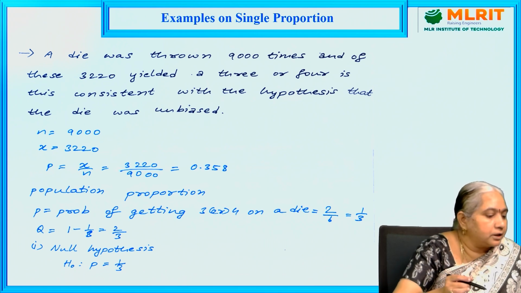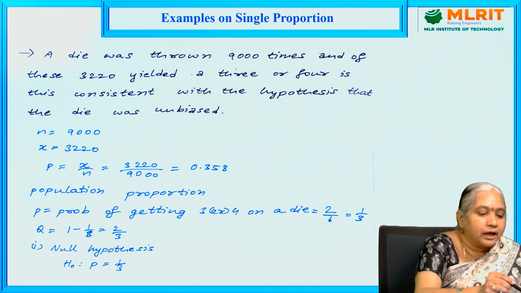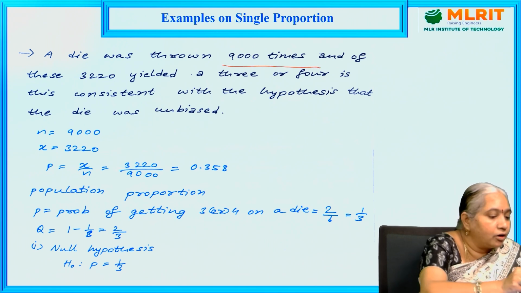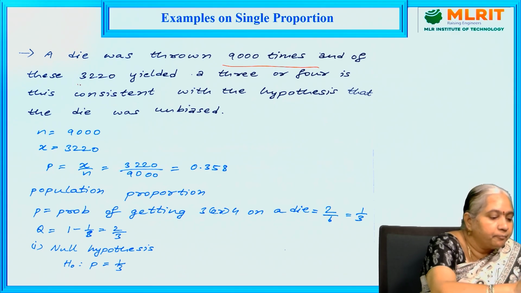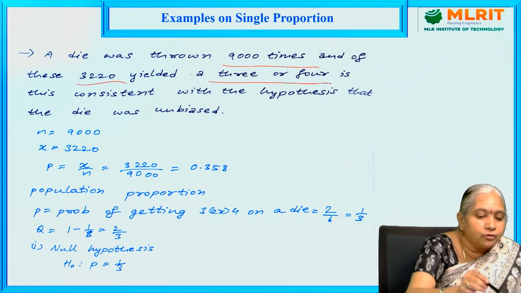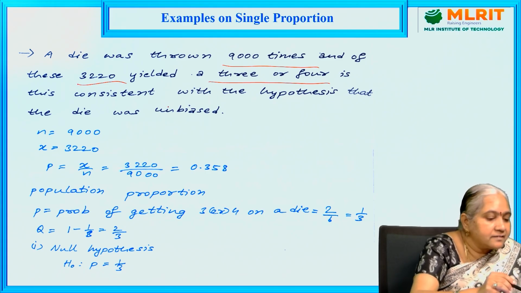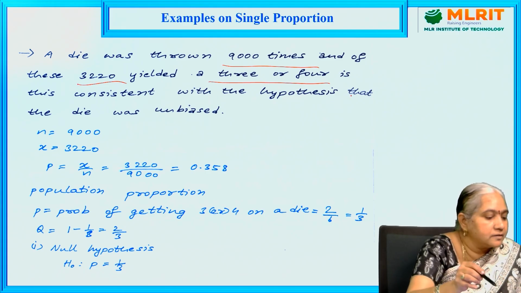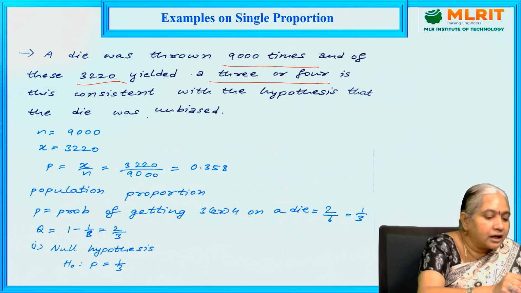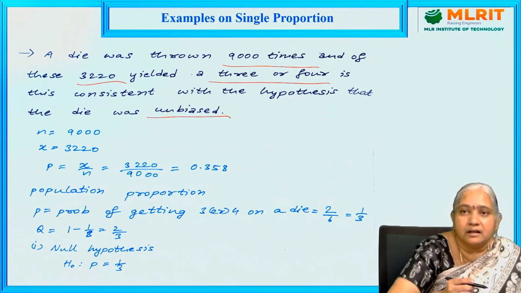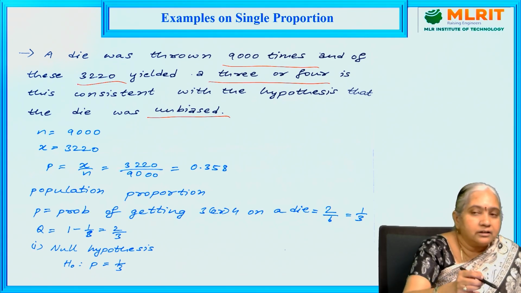Another example: a die was thrown 9,000 times and of these, 3,220 yielded 3 or 4. Is this consistent with the hypothesis that the die was unbiased? So he is claiming that the die is unbiased.